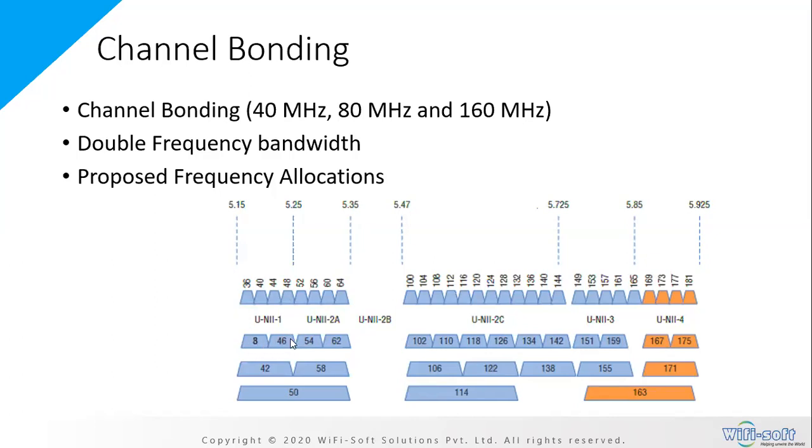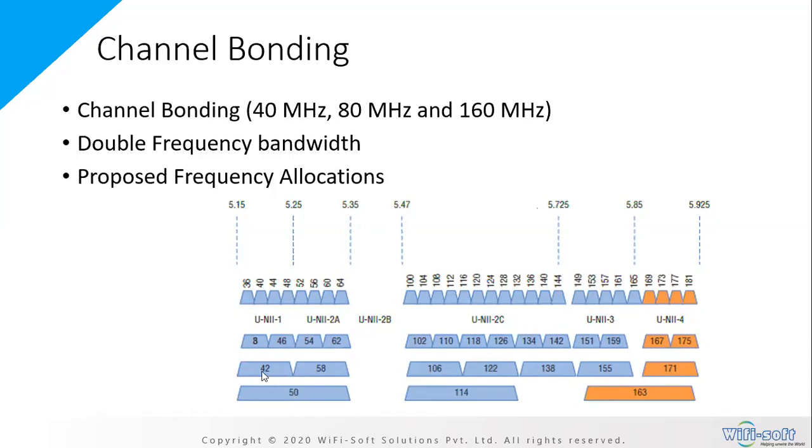In that case, you get 4 channels to work on: 38, 46, 54, and 62. You can further bond that into 2, and you get channels 42 and 58 at 80 megahertz. And finally, at 160 megahertz, you can get one single channel in the 200 megahertz band.